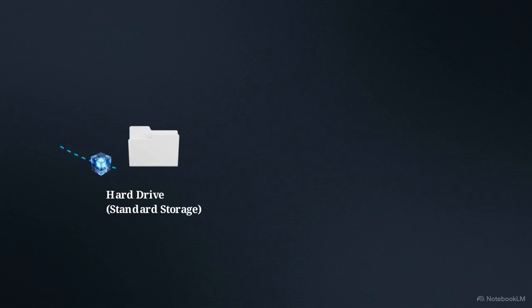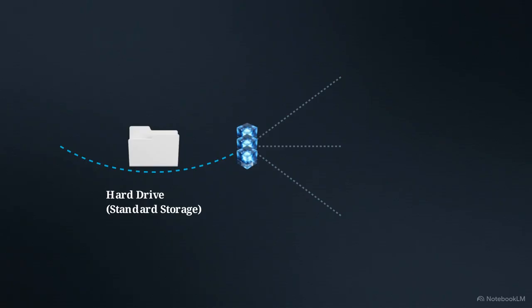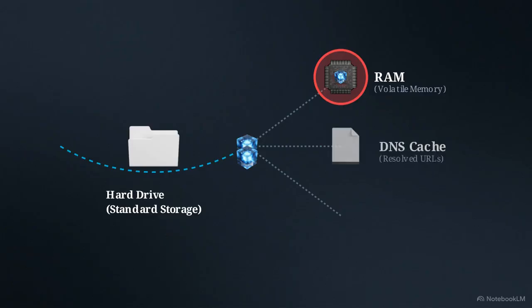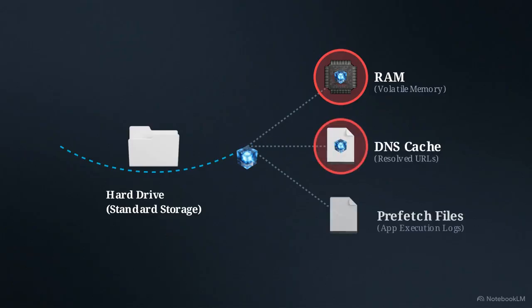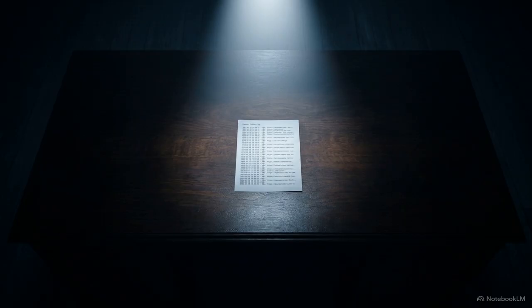Even when a session skirts past the hard drive, the data is trapped elsewhere. Investigators simply pivot to alternative sources, extracting residual artifacts directly from the computer's temporary RAM, the Windows DNS cache, and system prefetch files.